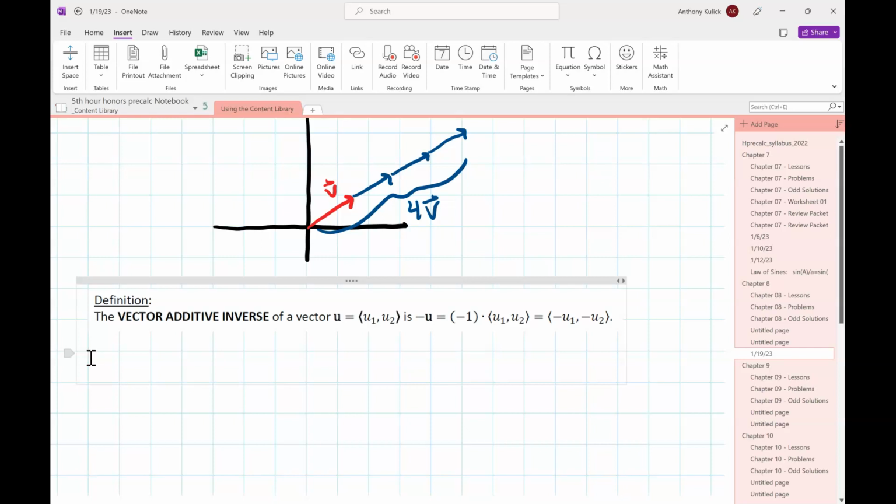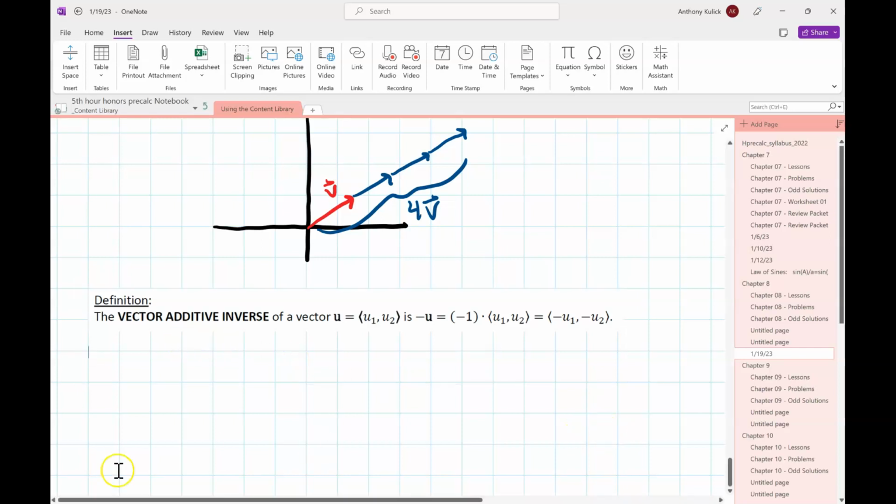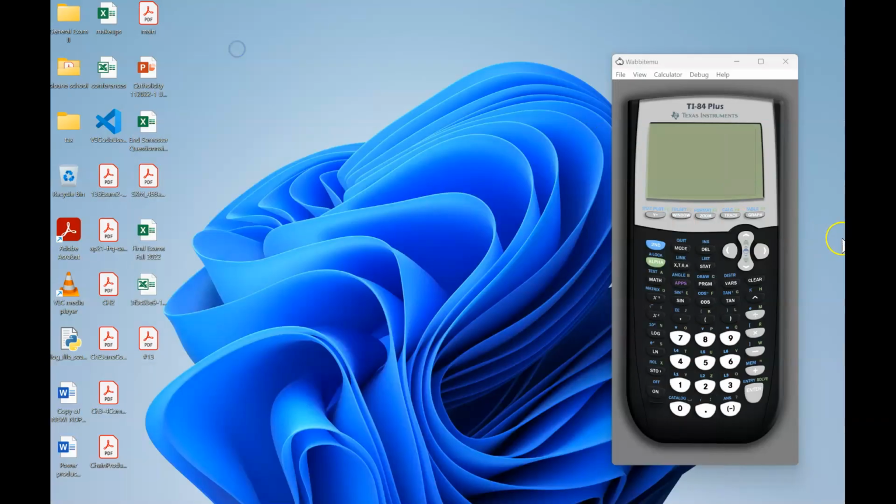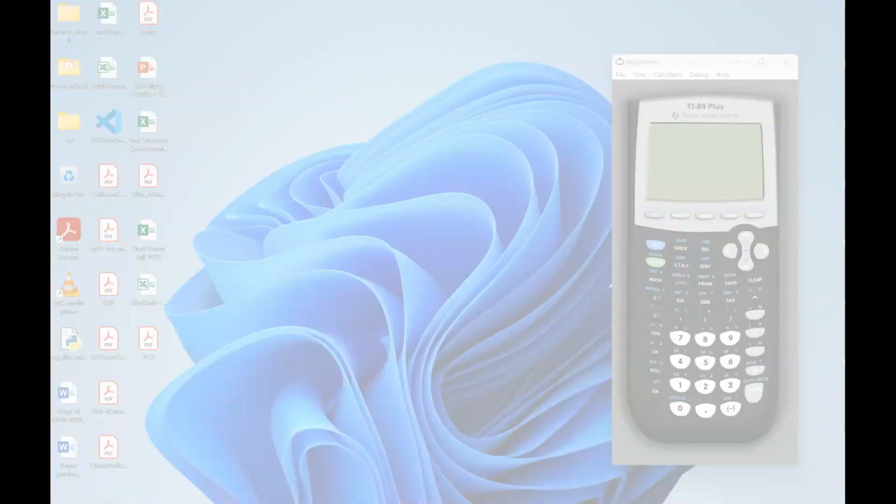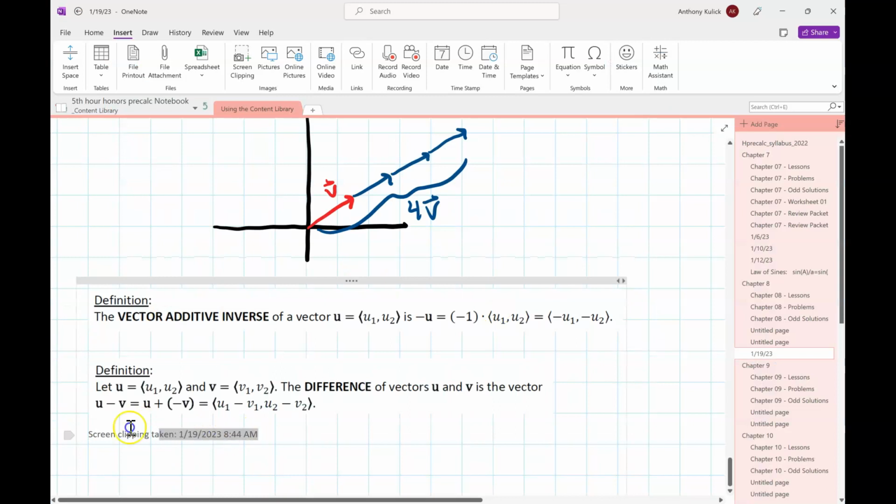Everybody agree with that? Any vector I pick, that's going to be the result. You could have any coordinates you want. If you add u with negative u, that gives you the zero vector. Everybody agree? Okay. Because that property works, that's what we're going to use to define scalar vector subtraction.